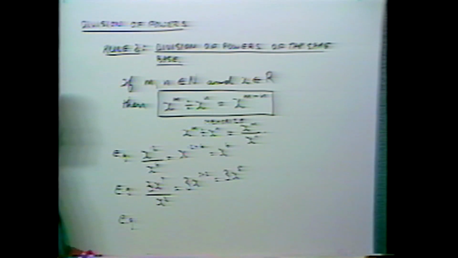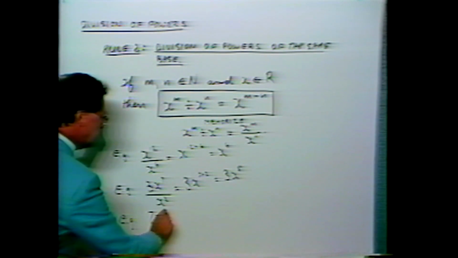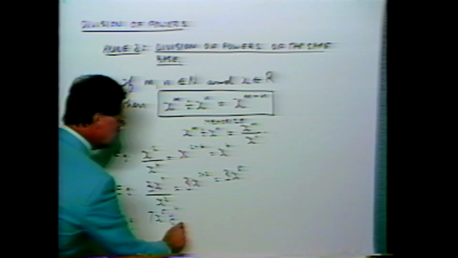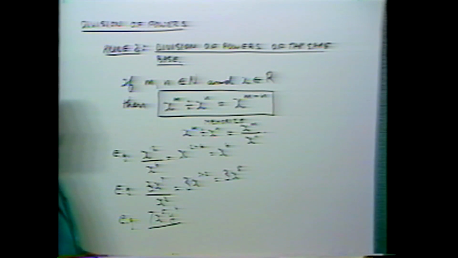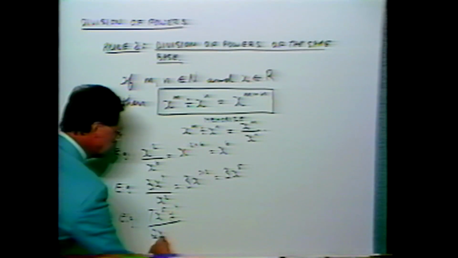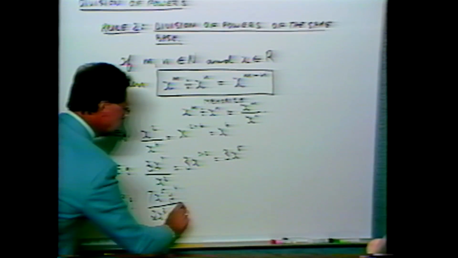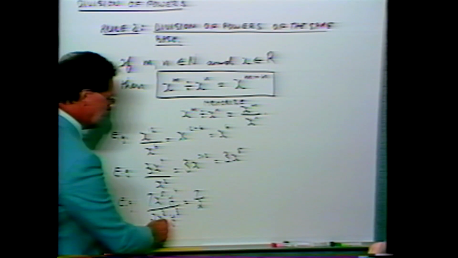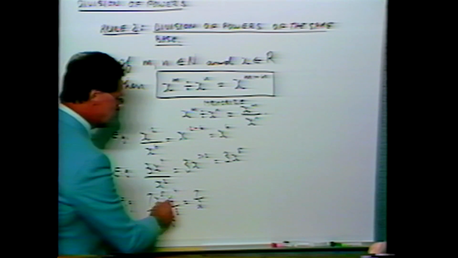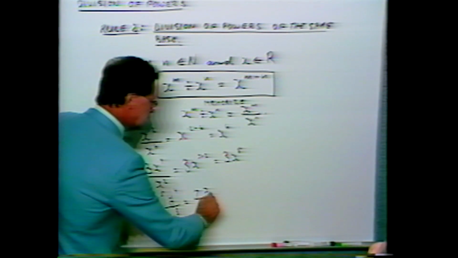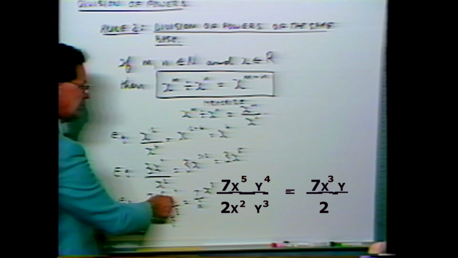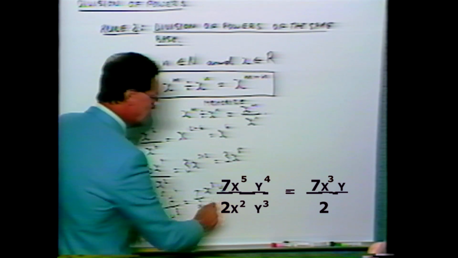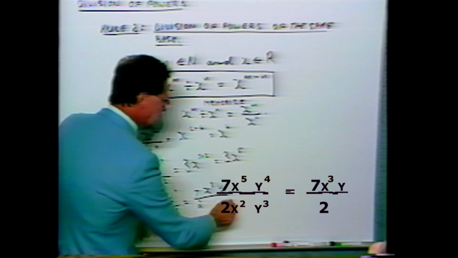Another example, 7x to the 5th y to the 4th divided by 2x squared y to the 3rd. 7 over 2 stays. Working with x to the 5th and x to the 2nd, subtracting exponents, the result is x to the 3rd. Similarly, y to the 4th divided by y to the 3rd, subtracting exponents, we end up with y to the 1.